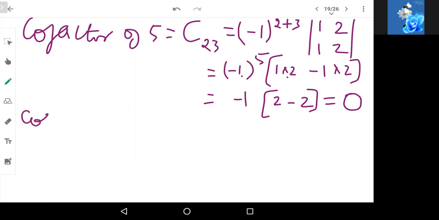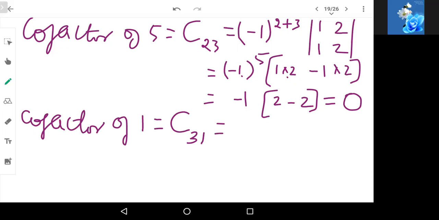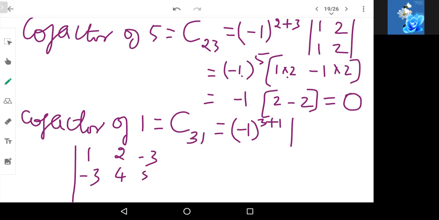Then cofactor of, we are solving for the third row. The third row is 1. So third row, first column, minus 1 to the power of 3 plus 1 into, again the determinant, 1, 2, minus 3, minus 3, 4, 5, 1, 2, minus 1.